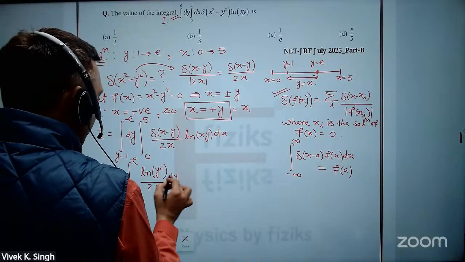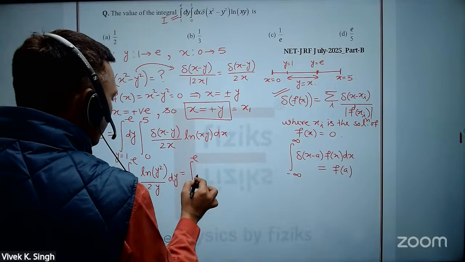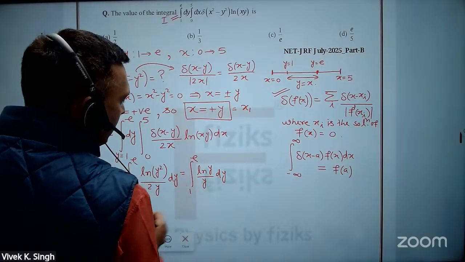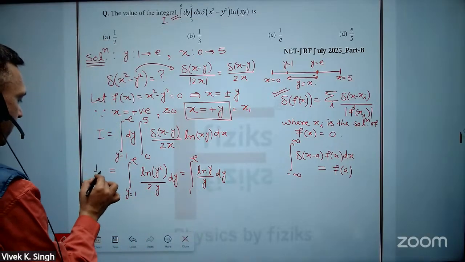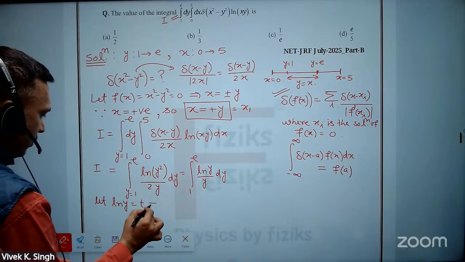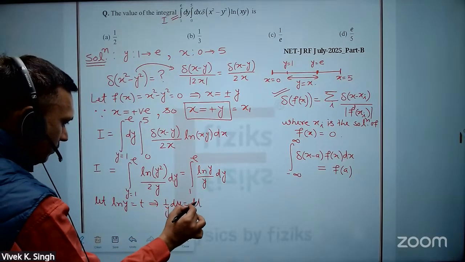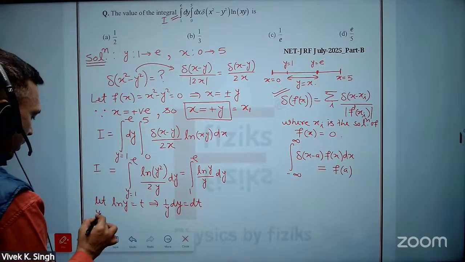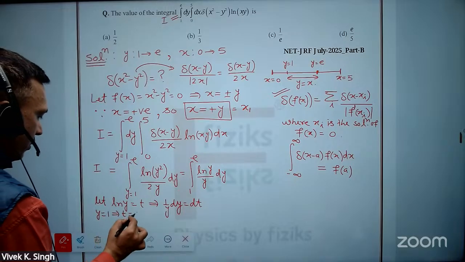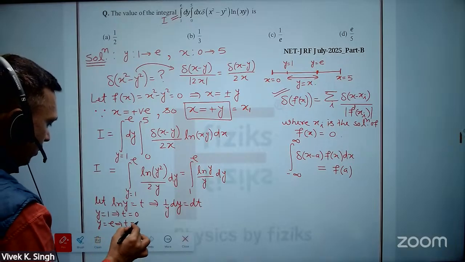Now you can write this as the integral from 1 to e. This gives 2 ln y by 2y, so it is simply ln y by y dy. Now let's solve this integral. Let ln y be t. So 1 by y dy is the new variable dt. When y is equal to 1, t is equal to 0, and when y is equal to e, t is equal to 1.